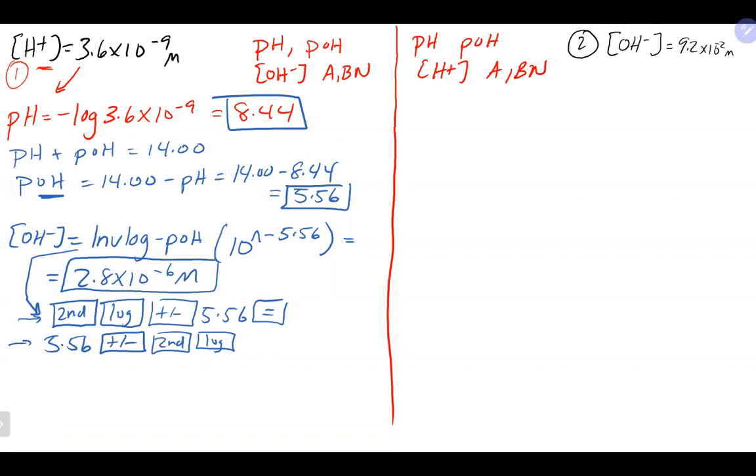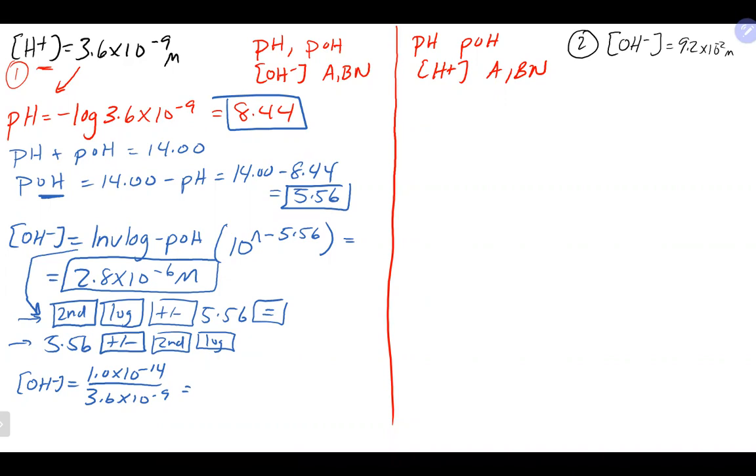Once again, if you don't want to do it that way, you could still use that the OH minus concentration equals 1 times 10 to the minus 14 divided by 3.6 times 10 to the minus 9. You should end up with the exact same answer as above. If you punch that in there, you get 2.5, which is not right.